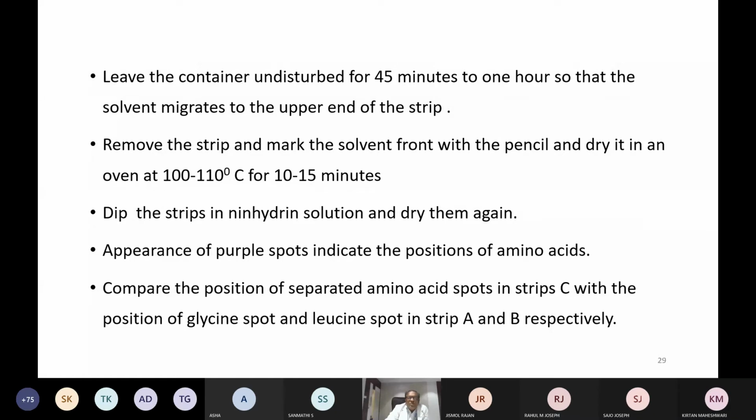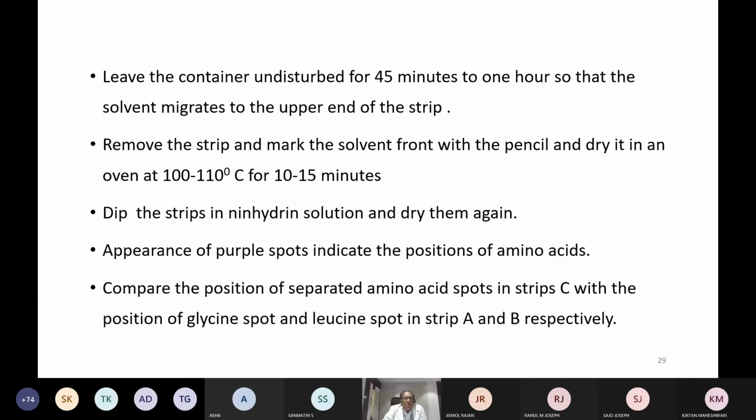Once that is kept for 45 minutes to 1 hour, remove it and dry it in a hot air oven at 100 to 110 degrees centigrade for 15 minutes. Whatever separation of amino acids has taken place will not be visible to you.